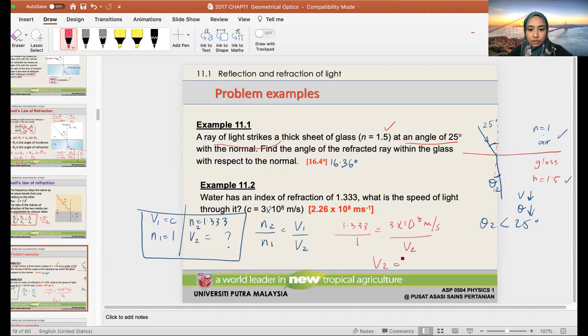So you get 2.25 times 10 to the 8 meters per second. Okay. So we just use ratios for these two examples. The first one was to use sine theta 1 over sine theta 2 equals n2 over n1. And the second one, n2 over n1 equals V1 over V2.